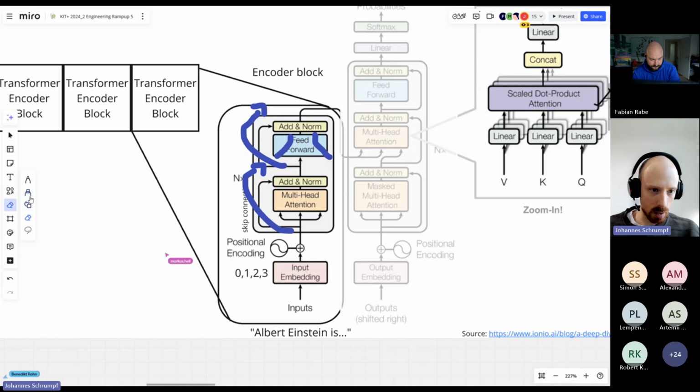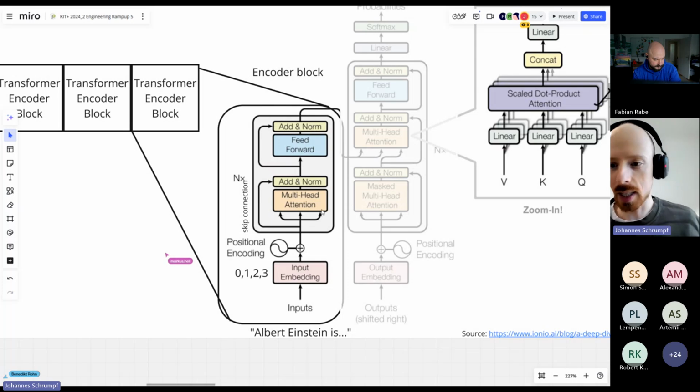Let's delete this. Okay. So this is an encoder block.